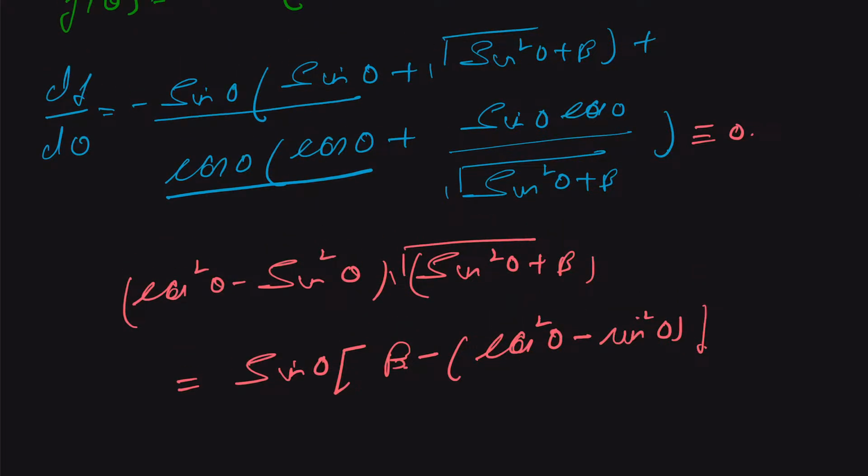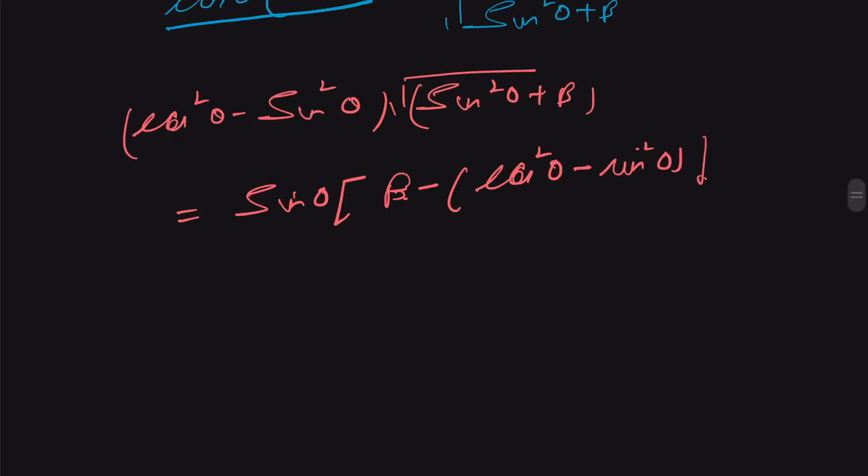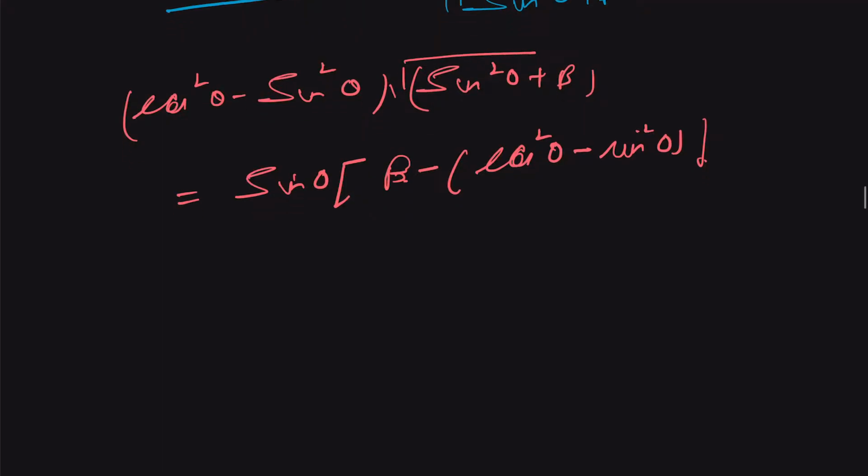This combines sine square θ and β, yeah, this looks good. The solution is a little bit lengthy, so I'm going to directly provide it, and we get that sine θ for maximum will be equal to 1 upon the square root of 2 plus β, where we know that β is equal to 2gh upon v square.